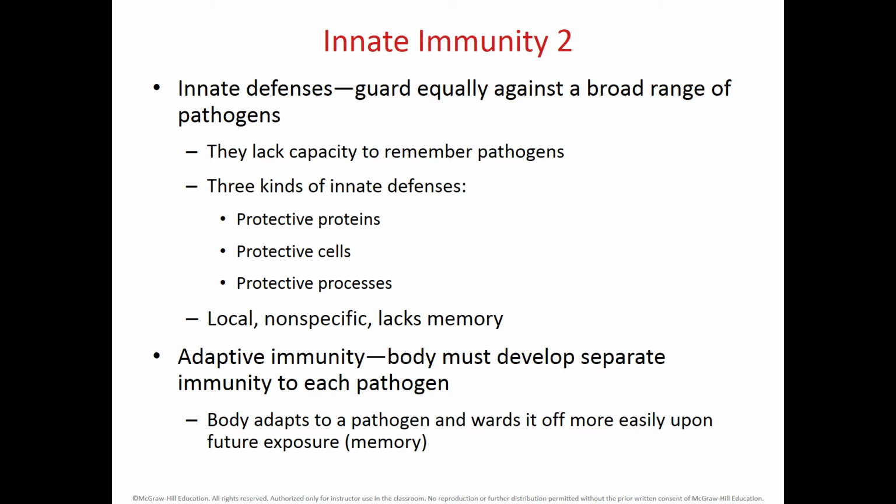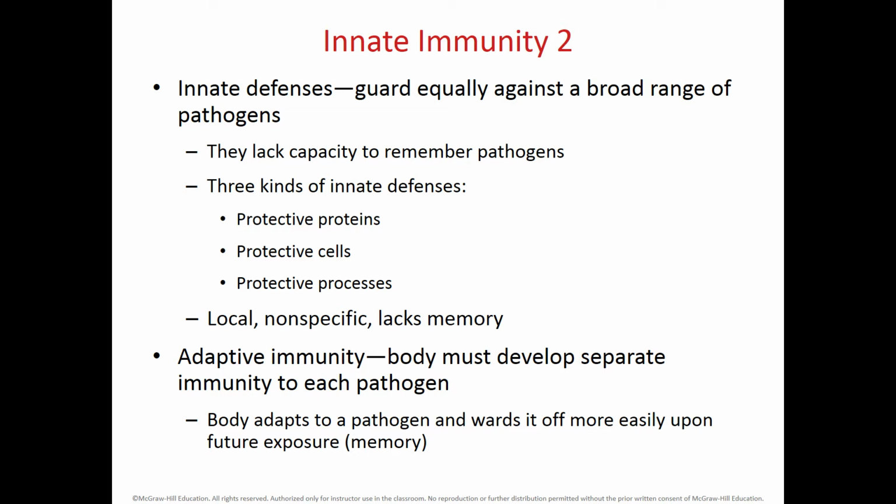One thing about the innate immunity is that it will provide a broad range of protection against a broad range of pathogens, but it will set the same response over and over again. So because of this, it will be called nonspecific. And they lack the capacity to remember the pathogens.